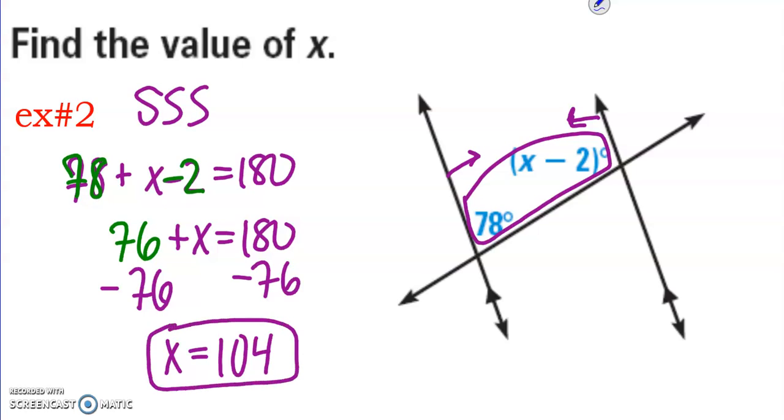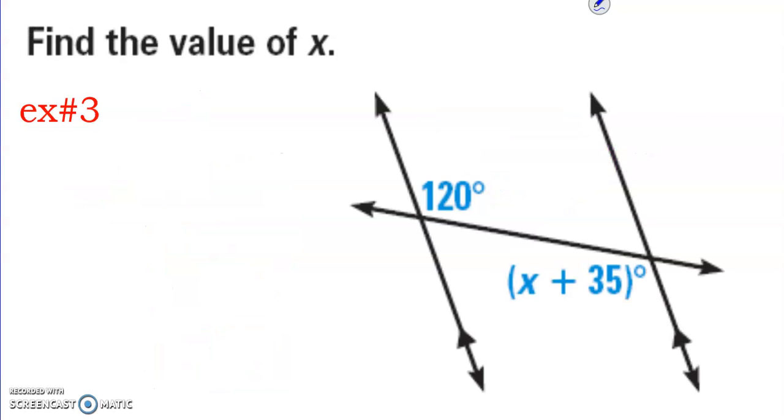If you were to plug in 104 here, you'd have 104 minus 2. That means the measure of this angle is 102, and you can see that 78 plus 102 adds up to 180, so we know that we're correct. These are alternate interior angles. They're on the inside, and alternate interior angles are congruent.